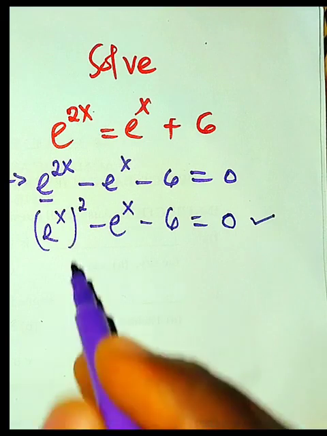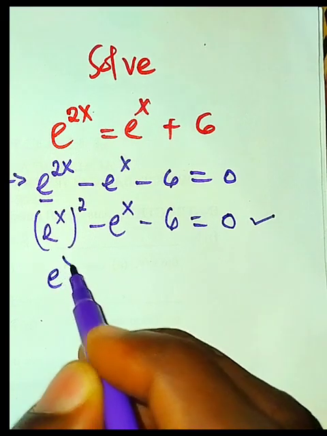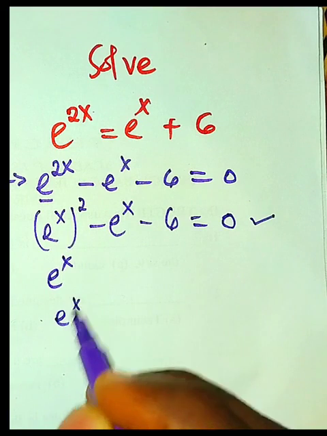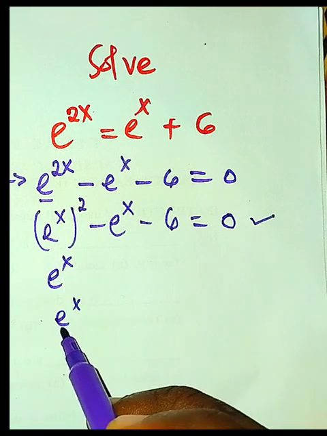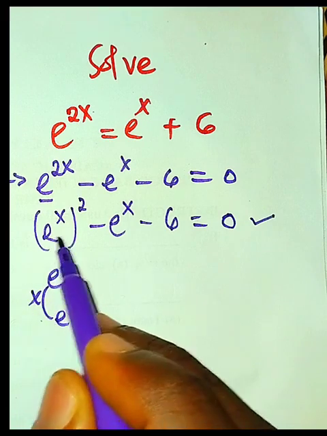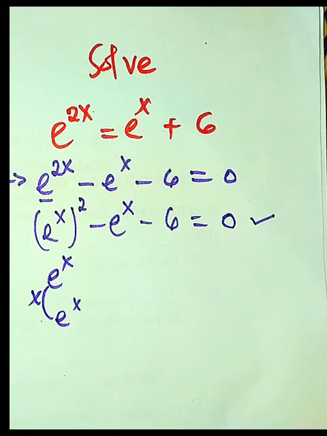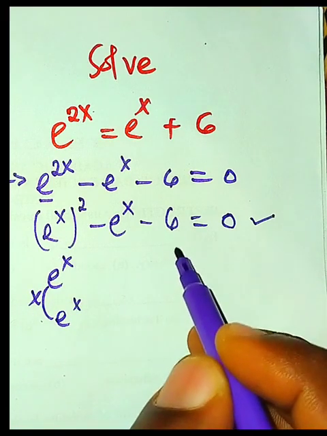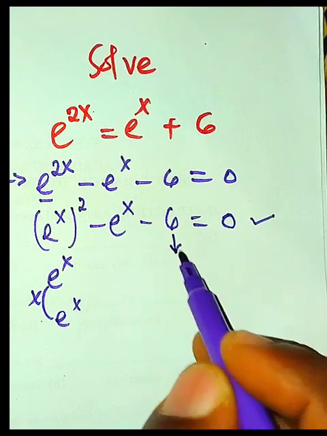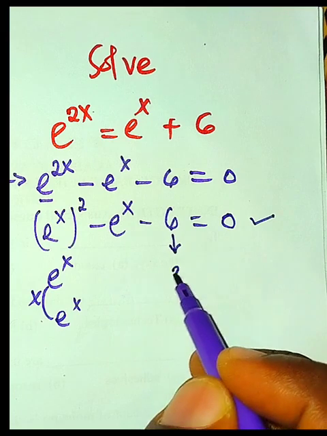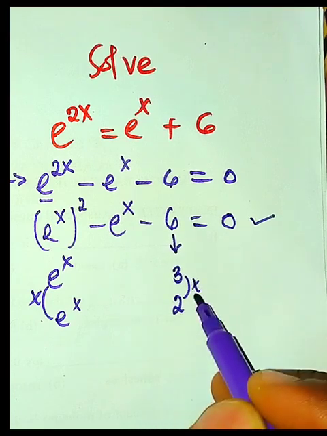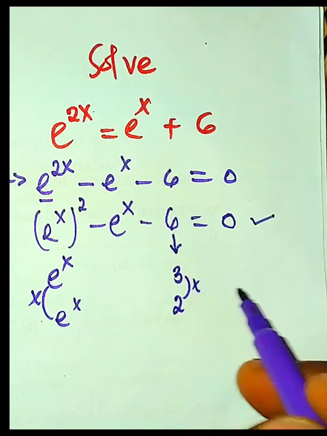So how do we do it? I can have e^x and e^x here. When I multiply e^x by e^x, I am going to have (e^x)^2. Also, to find the factors of the last term, that is 6, 3 multiplied by 2 gives me 6 also.